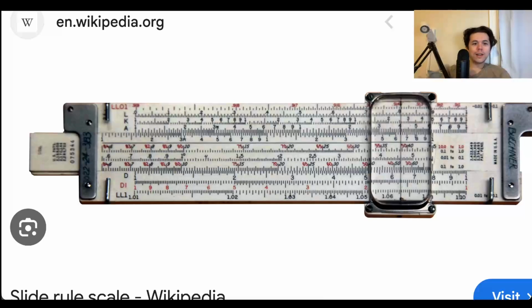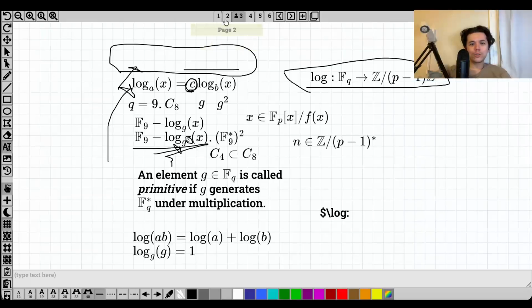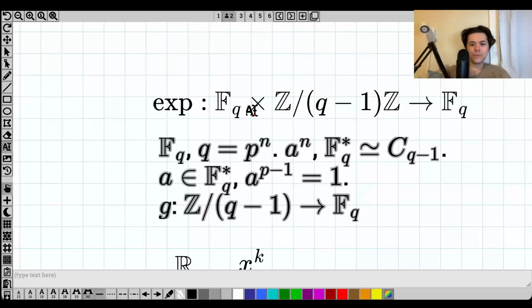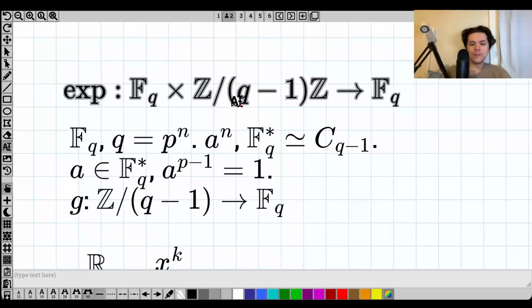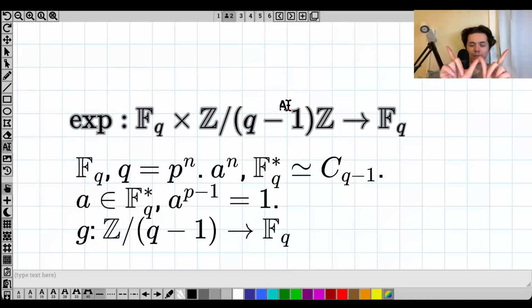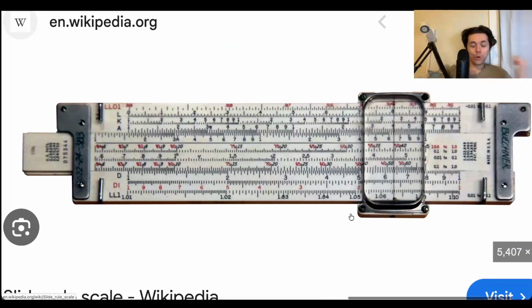And I know that if you are doing discrete logarithms, you always land in Z mod (q minus 1) Z, which is linearly ordered for the most part. Once you get above q, you have to wrap around, which means that you could make a slide rule for finite field arithmetic. In fact, you could make a table using an existing slide rule, if you have one, that just converts.